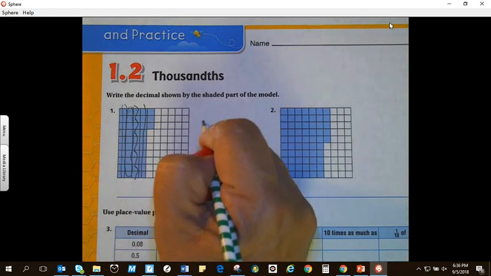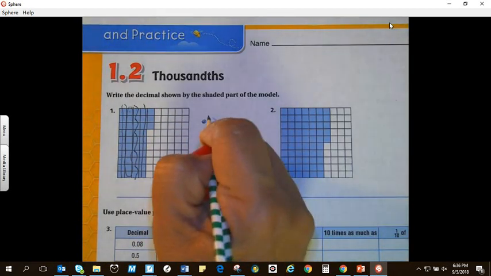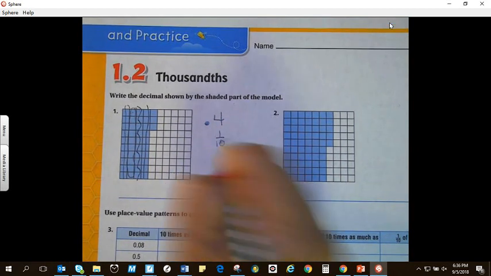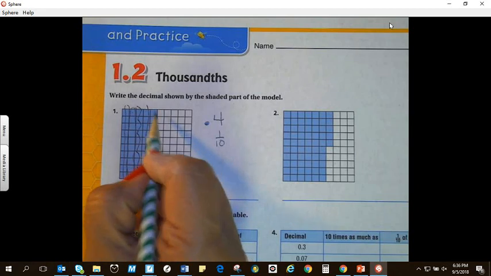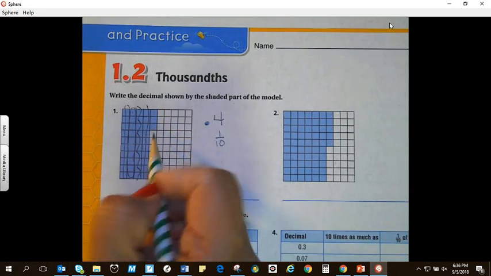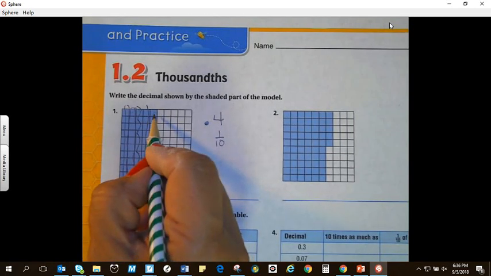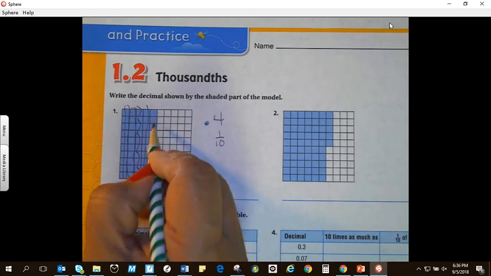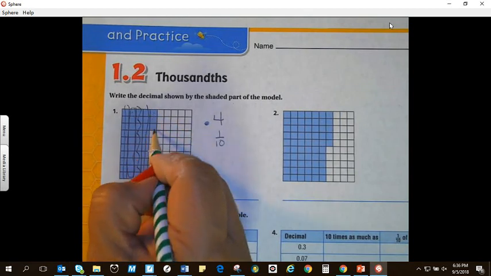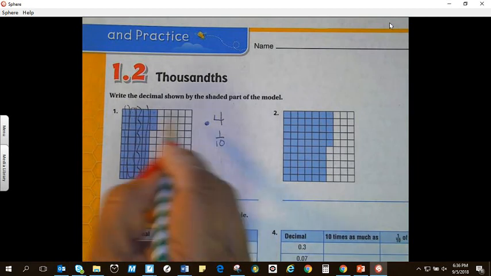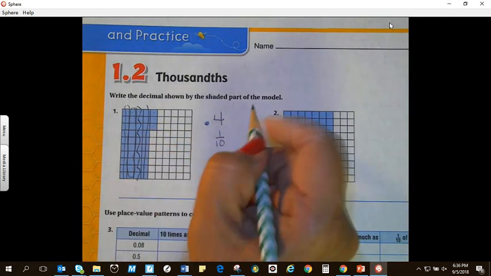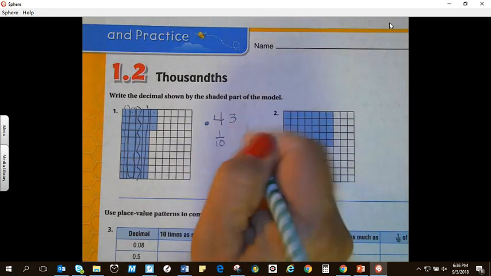So I have my decimal here, and I'm writing my 4 because this represents my tenths column. And then here, each unit, and remember we said the units were represented in this square. So I have 1 unit, 2 units, 3 units. Well, since there's 100 in here, I'm showing that I have 1, 2, 3 hundredths.